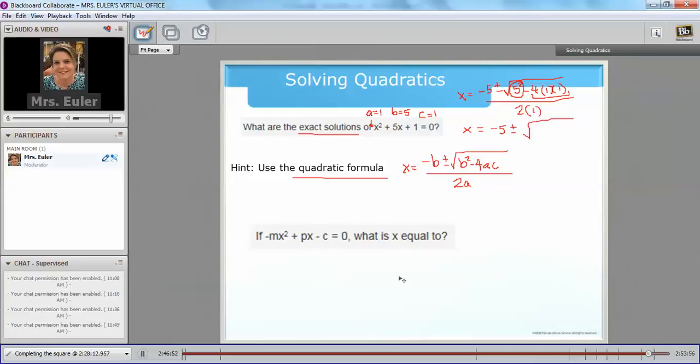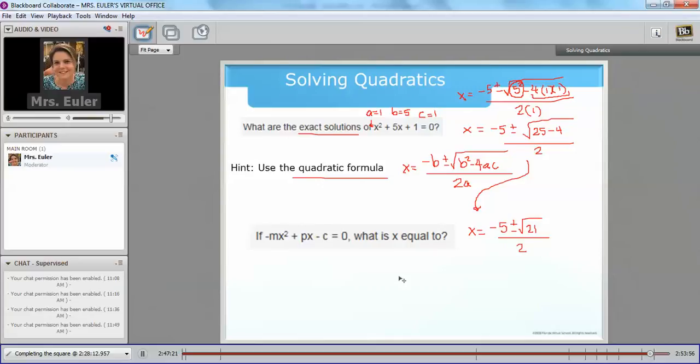We've got the square root of 25 minus 4 times 1 is still 4, all over 2 on the bottom. 2 times 1 gives us 2. And finish simplifying, so x equals negative 5 plus or minus the square root of 25 minus 4, which is 21, over 2. This is an exact solution.